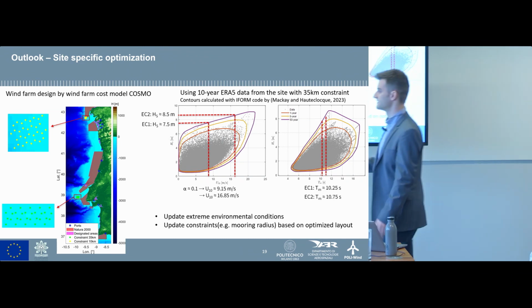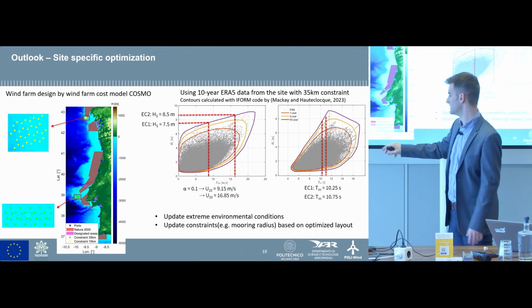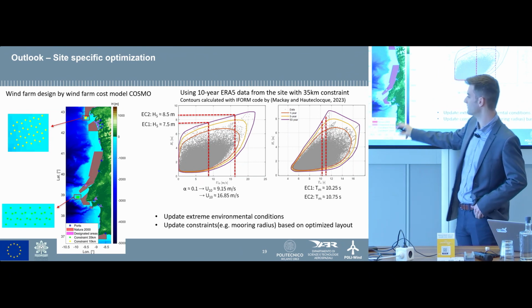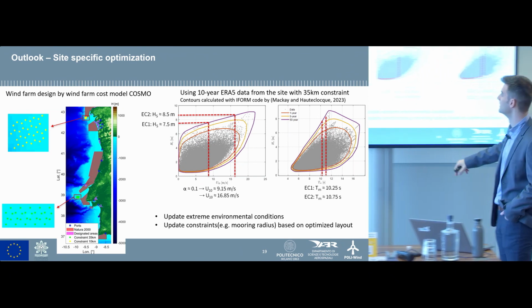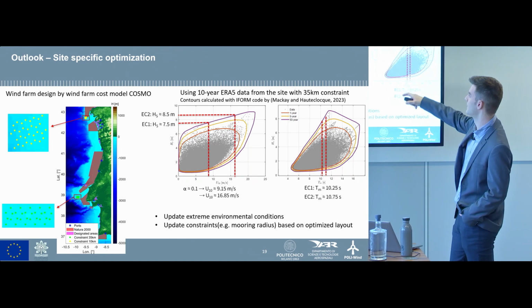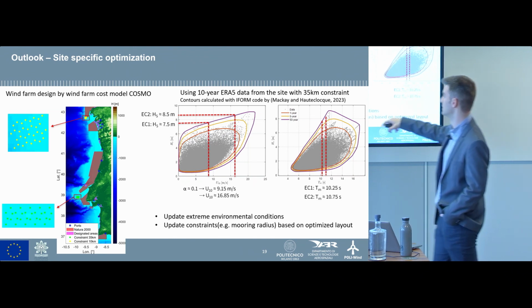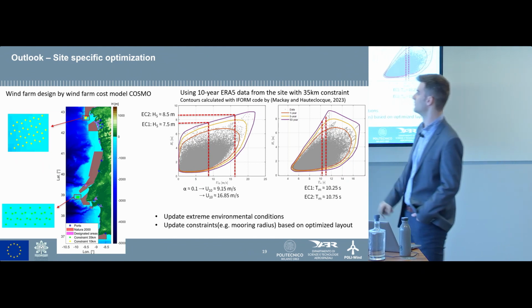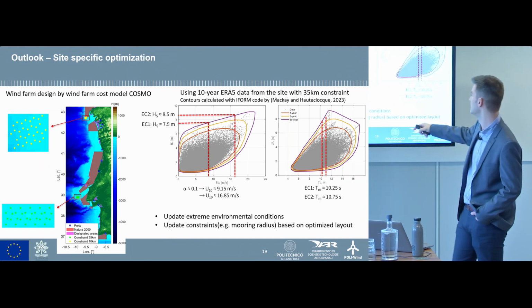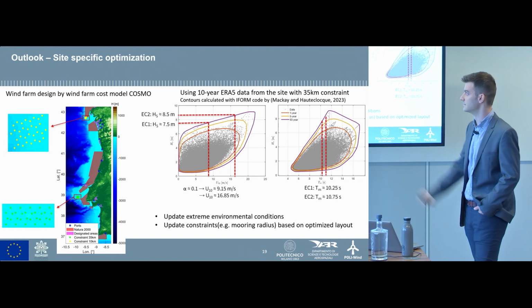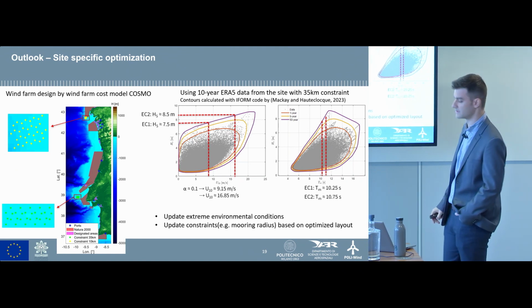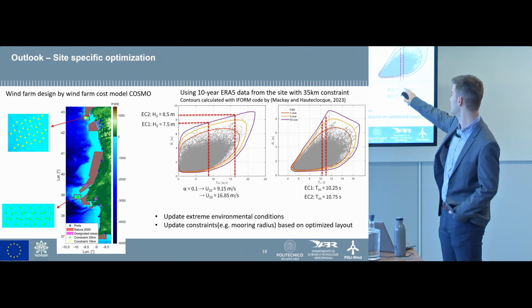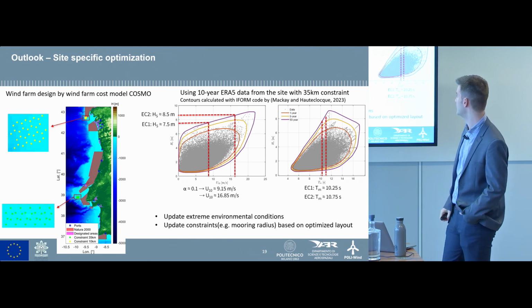So as an example, if we take this site, which is a result from a constraint of 35 kilometers distance to shore, and if we plot the 10-year ERA5 data for 10-meter height wind speed versus significant wave height, and here you can see the correlation between the significant wave height and the mean period of waves.